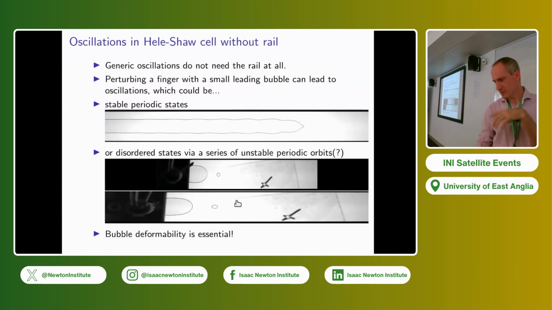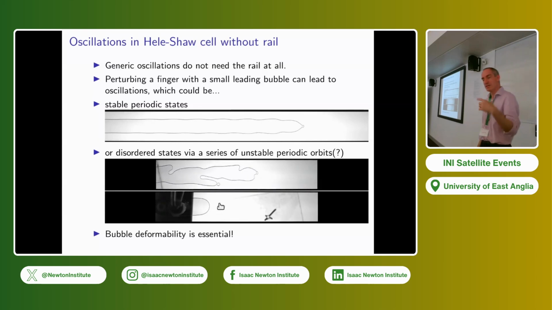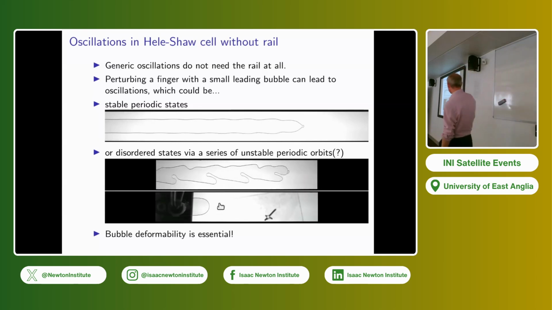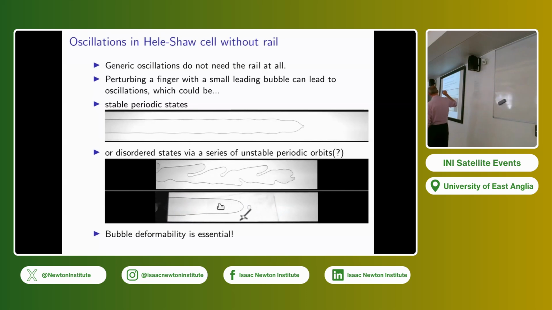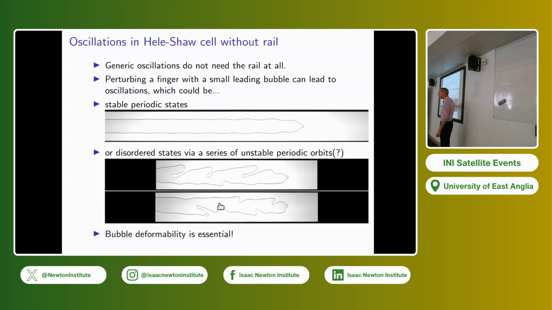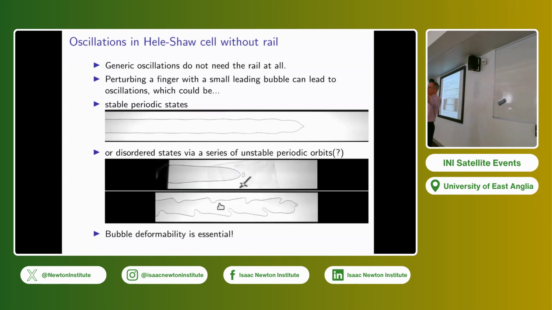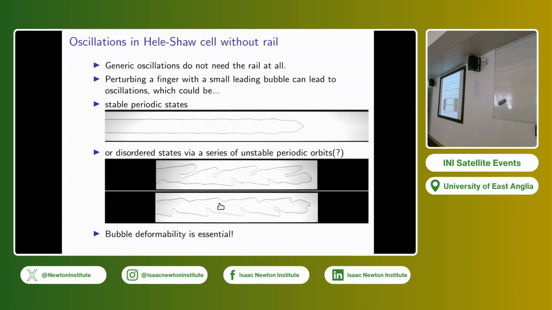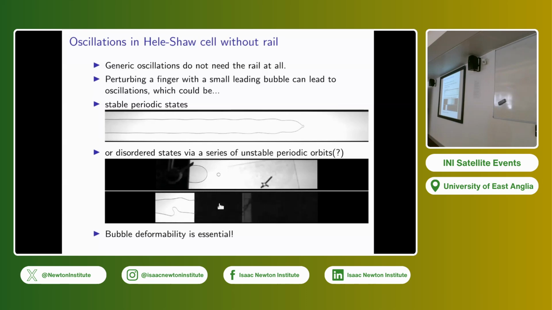I think I've chosen videos not to show it. But yes, when you look at this system, I haven't got the video. If the bubble is a different size, you end up with a little bit of wiggling like this, and then it either settles down to the steady state or the asymmetric state. So I think that's the interesting thing about the finger problem, is that when you're in the lab frame, it's left the interface behind. That's the time history of the evolution.